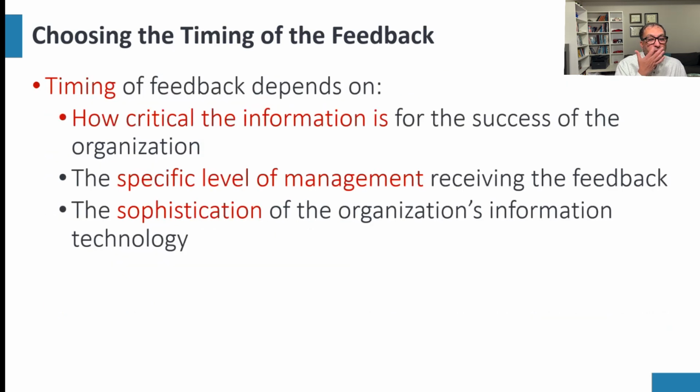Choosing the timing of the feedback. The timing of the feedback depends on how critical the information is for the success of the organization, the specific level of management receiving the feedback, and the sophistication of the organization's information technology. So these are all the things that determine the timing and the type of feedback they get in order to make improvements.